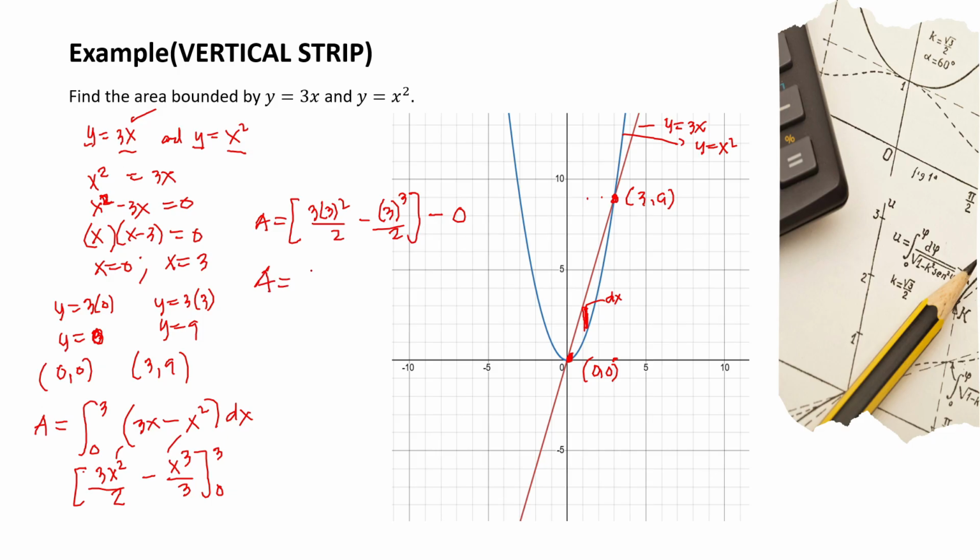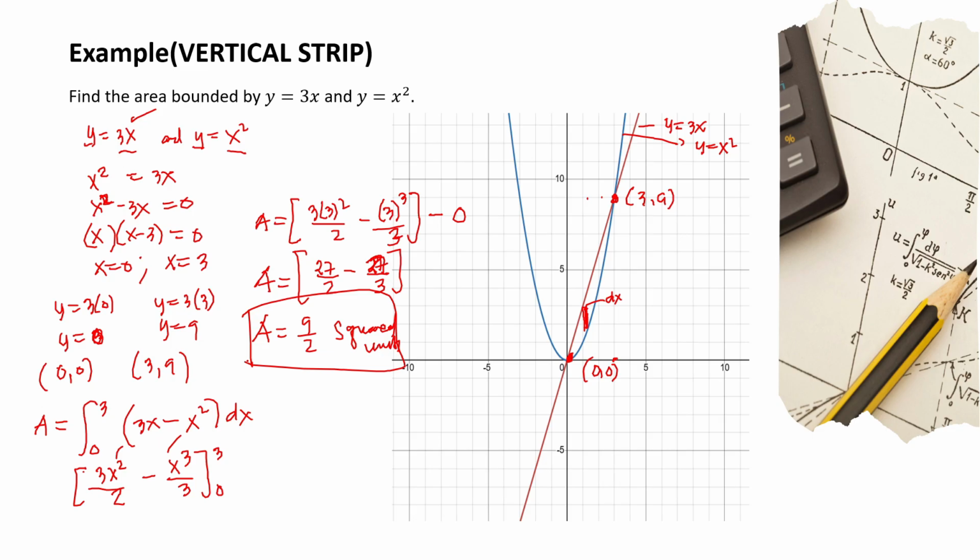So therefore the area is 27 over 2 minus 27 over 3, which is equal to 9 over 2 square units.